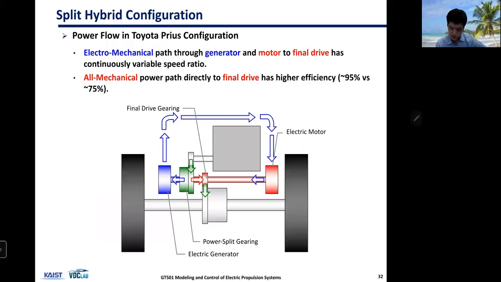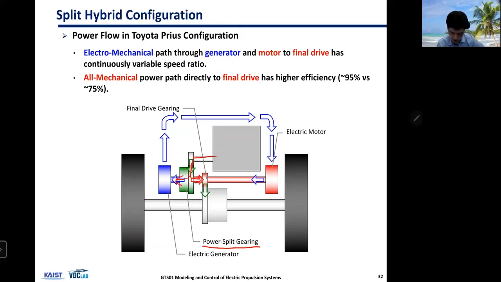But I want you to still understand the main operation concept of split hybrids. And this is another way of looking at split hybrids. So we have a motor, engine, and then we have a planetary gear, power split gearing, and that splits mechanical torque and power into two paths.